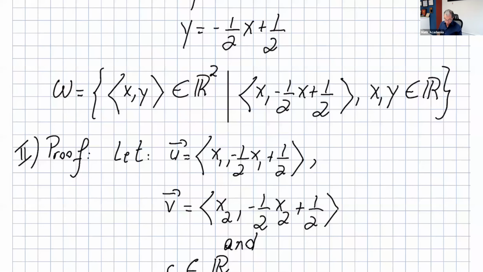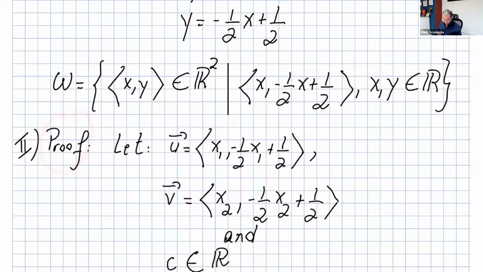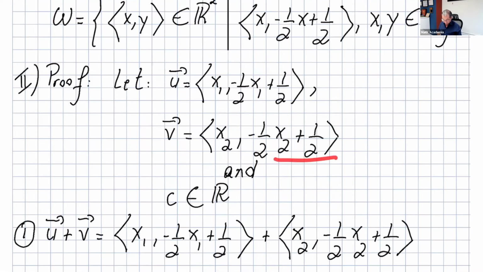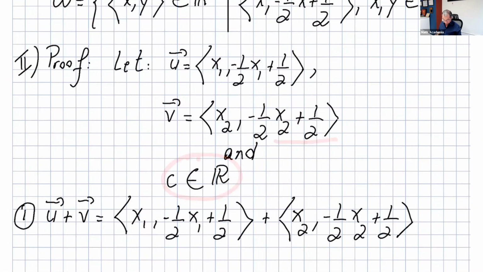Let's start the proof. You can call u (x1, negative 1 over 2 x1 plus 1/2), v (x2, negative 1 over 2 x2 plus 1/2), and c a real number.